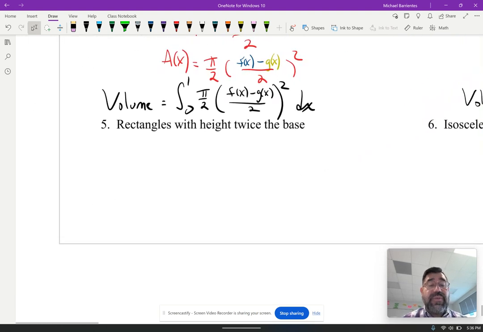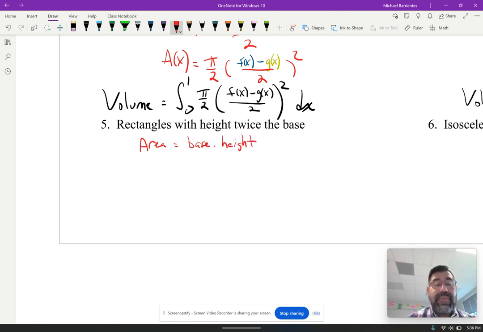Let's go to rectangles with the height that's twice the base. Ooh, okay, so how do I find the area? Area is normally base times height. The area of a rectangle is base times height, but the height is twice the base.